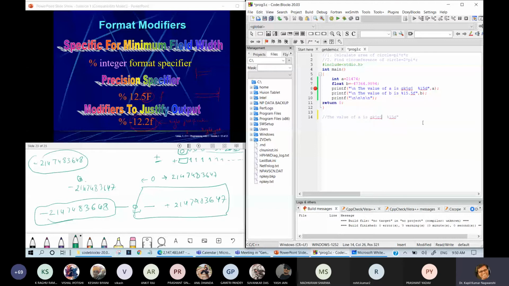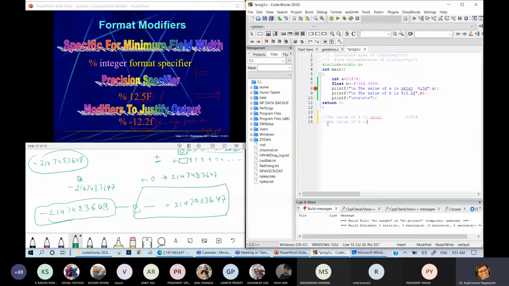From this place it will start counting 1, 2, 3, 4, 5, 6, 7, 8, 9, 10, 11, 12, 13, 14, 15. Up to this place, 15 must be counted. So 1, 2, 3, 4, 5. This is 2, 1, 4, 7, 4. Now come to this, this is your answer. Now count from here.